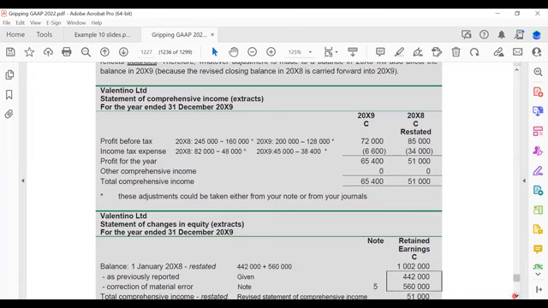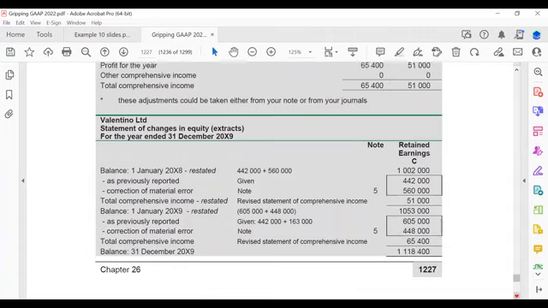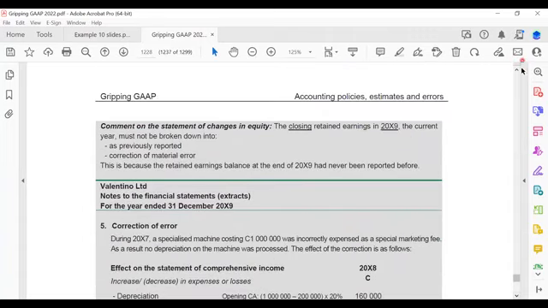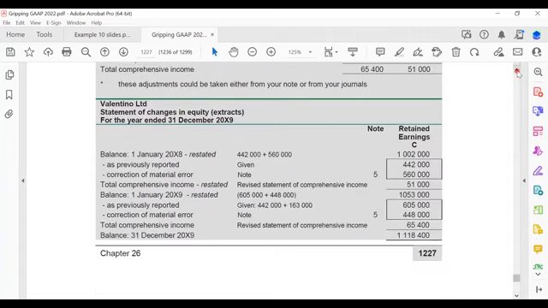If we go down further now and look at your statement of changes in equity, I did this in detail with you on Tuesday, so I don't want to repeat it, but I want you to highlight, first of all, there's 2 years of information here. It's the X8 year and then the X9 year. So when preparing your statement of changes in equity, remember there is 1 year of comparative.